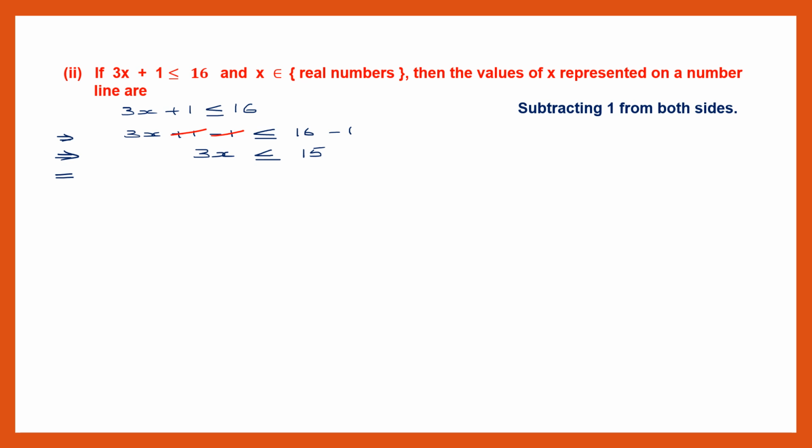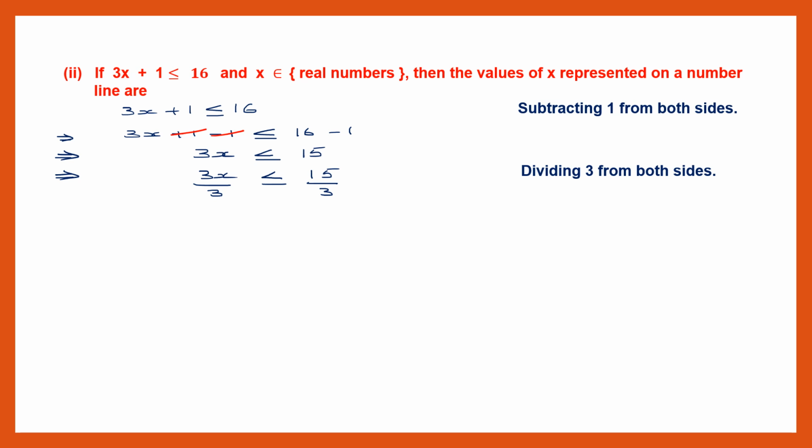So now again we need to get x by itself. That means we need to remove 3. Now 3 is multiplication here. So what is the opposite of multiplication? Division. That means I need to divide this by 3. So we need to write that 3x divided by 3 is less than or equal to 15 divided by 3, dividing both sides by 3.